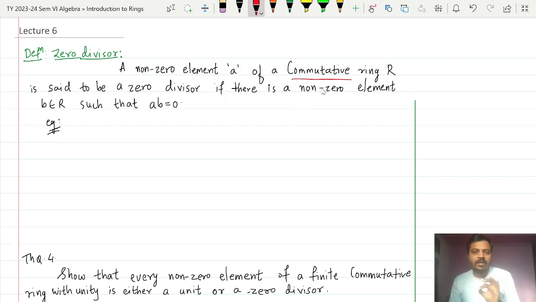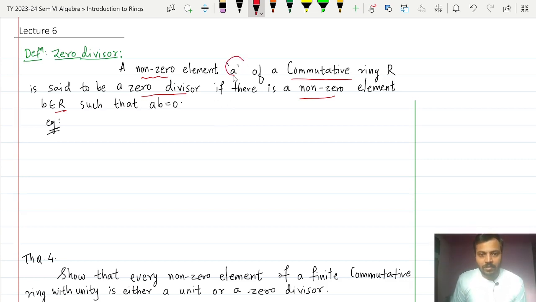So whenever we are in a commutative ring, remember a zero divisor is always a non-zero element. So a non-zero element of a commutative ring R is said to be a zero divisor if there is one more non-zero element of the same commutative ring, such that the multiplication of those two elements is equal to 0.